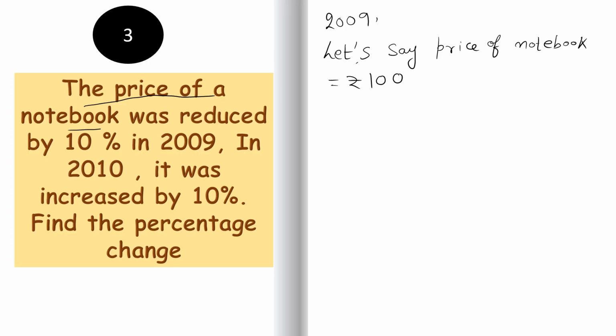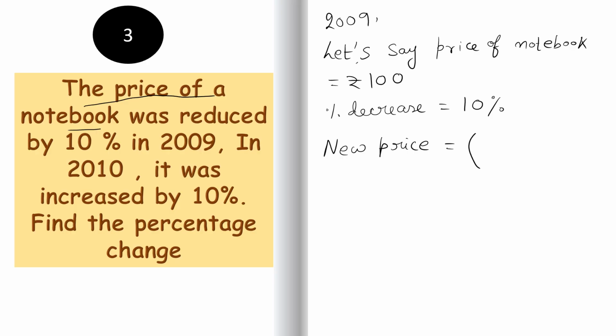Now, there was a reduction in price and we don't know exactly how much the price reduced, but we know the percentage decrease. It was 10% in 2009. Okay. So remember how to find out the new price after deduction. So what was our formula for the new price?